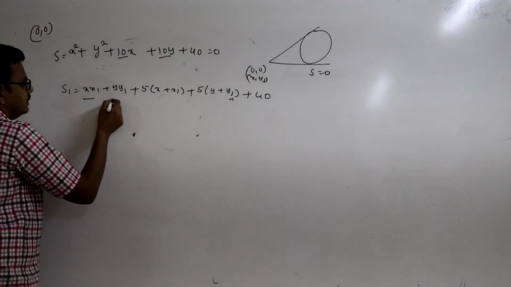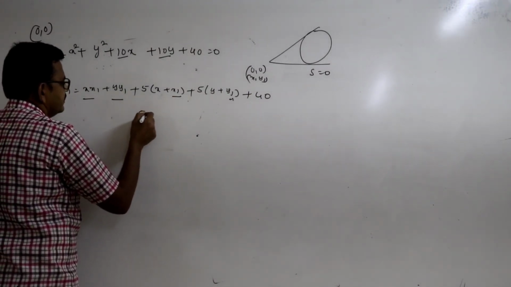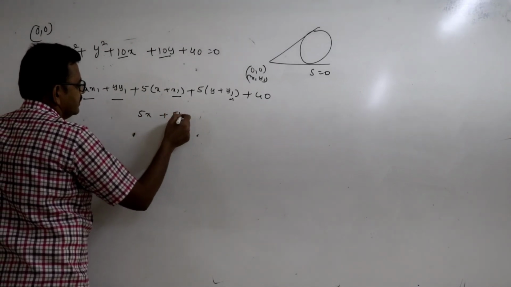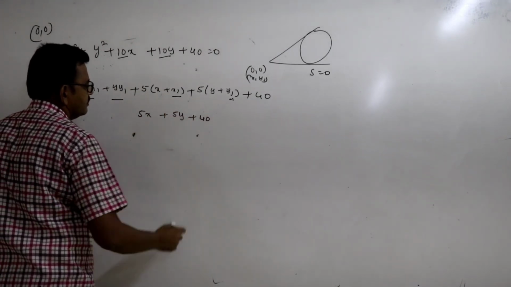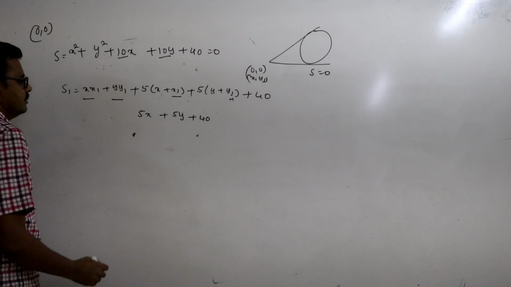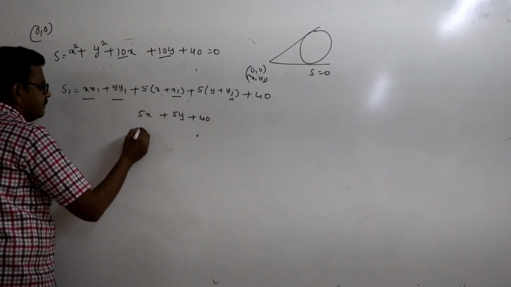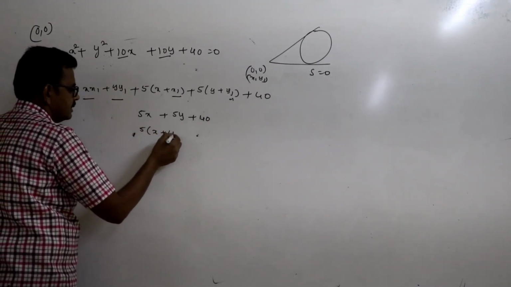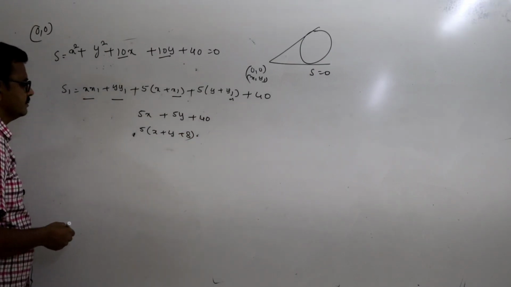So xx1 is 0, yy1 is also 0. So this is 5x plus 5y plus 40. Taking 5 common, S1 is 5 times (x plus y plus 8).